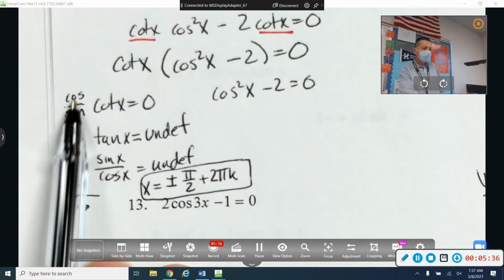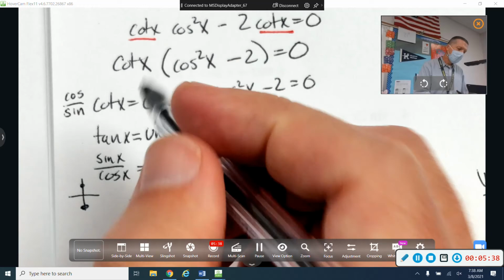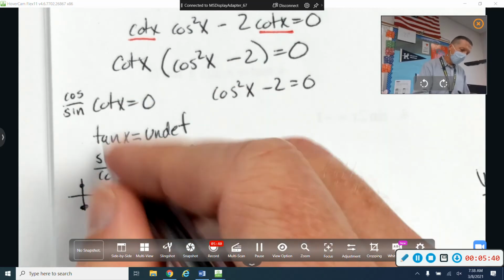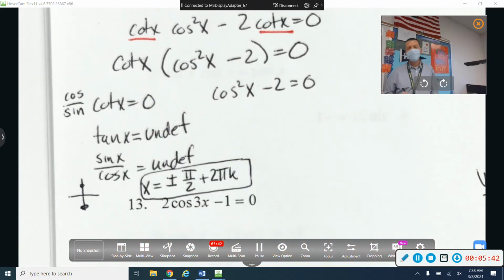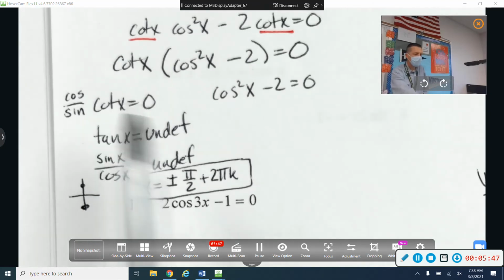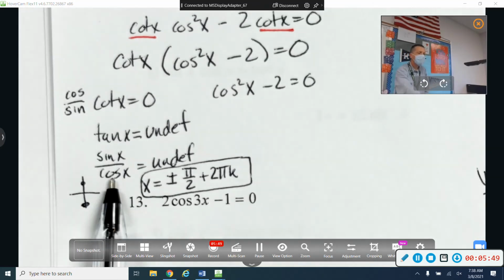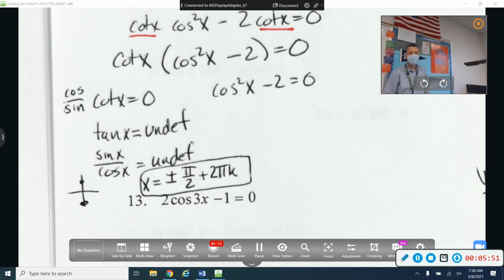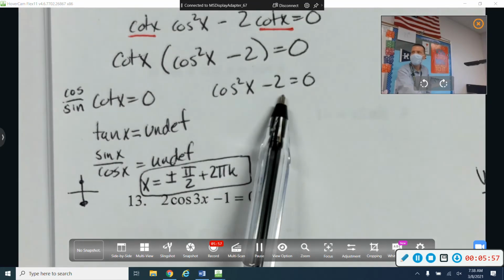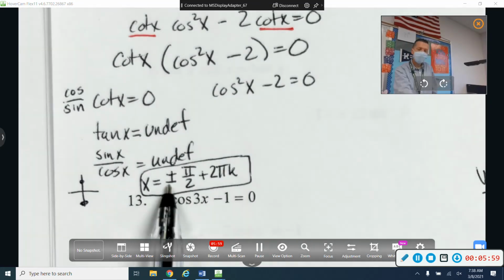And the only place cosine over sine is equal to 0 is if cosine is 0. So any way you go, you end up trying to figure out where is cosine 0. Whether you do it as a cotangent problem or a tangent problem, cosine equals 0 is the ultimate solution to that. So that's the only answer for this side.